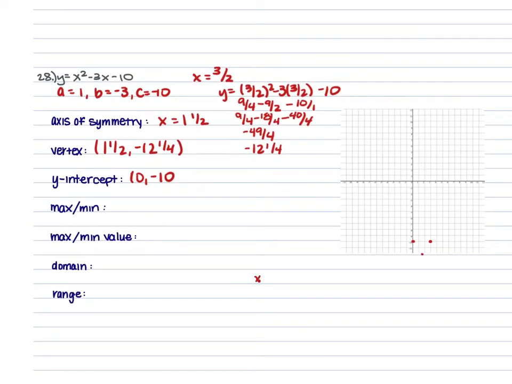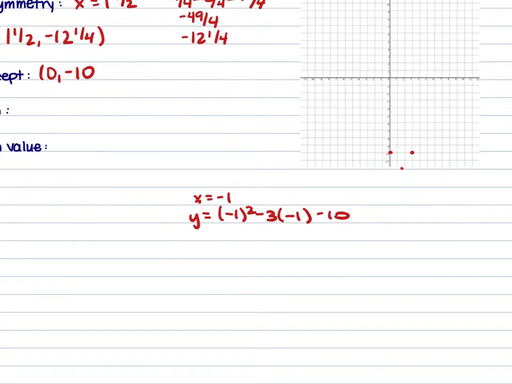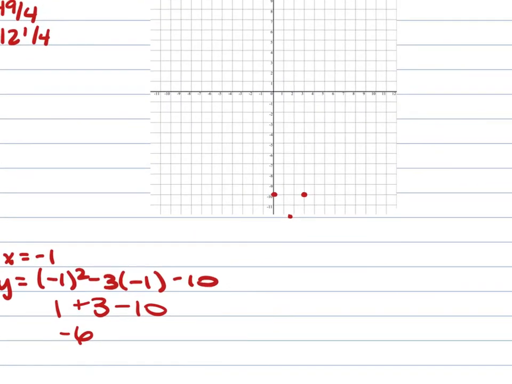We're going to have y is equal to negative 1 squared minus 3 times negative 1 minus 10. So negative 1 squared is 1 plus 3 minus 10 is 4 minus 10, which is negative 6. So it's negative 1, negative 6. We're going to mirror that onto the other side and get 4, negative 6. So we're going to draw our line through these points.